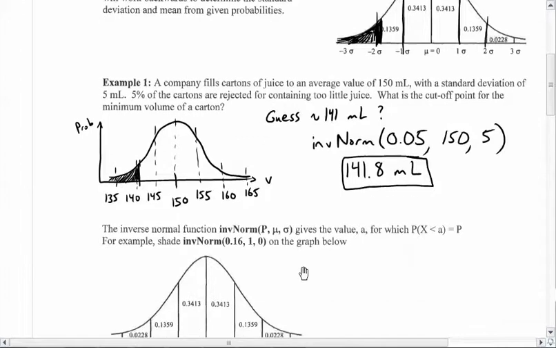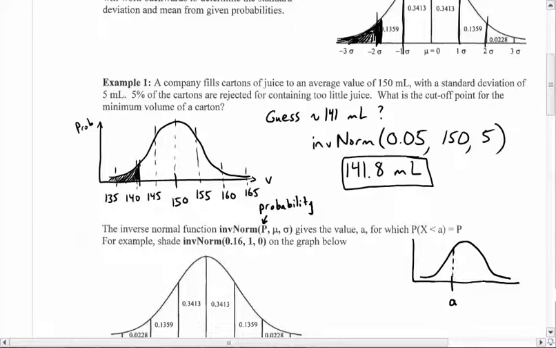Okay, so the inverse normal function starts by putting the probability and then the mean and the standard deviation. What it's going to do is give you a value A. When you put in all those things, it'll give you some number A, and A is the number on the x-axis.